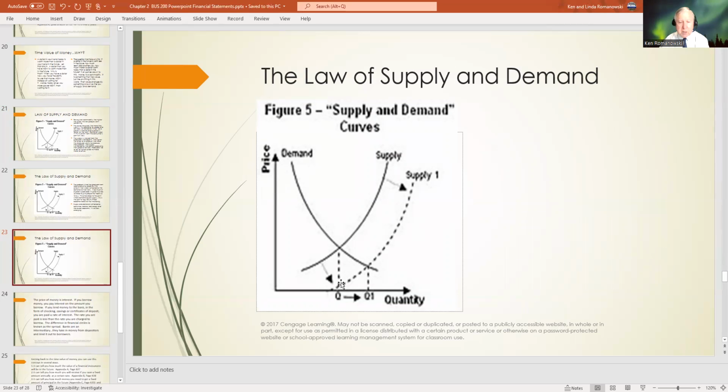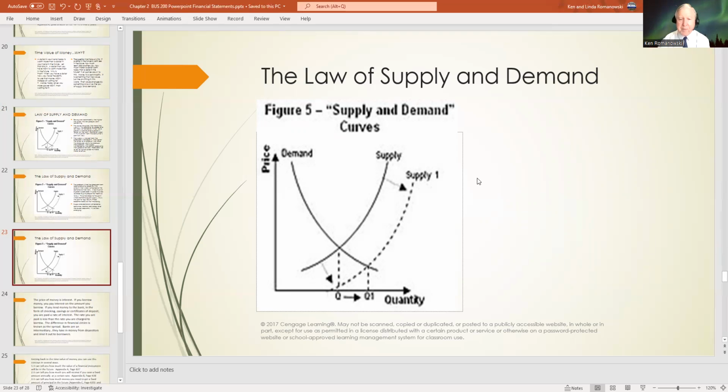If you're looking here where the Q is, notice that that's where supply and demand meet. If the manufacturer makes more of a supply, that's going to mean that there's more product in the market, and the price is going to go down as the demand starts to increase.